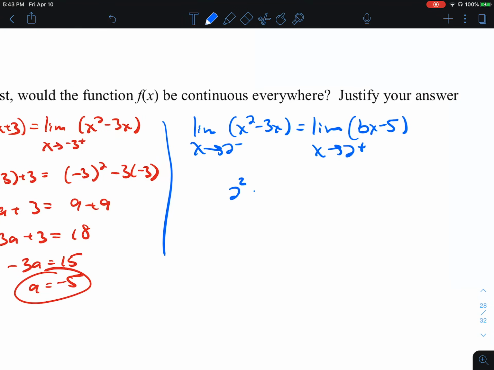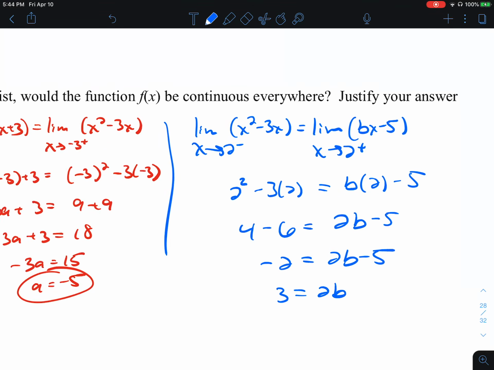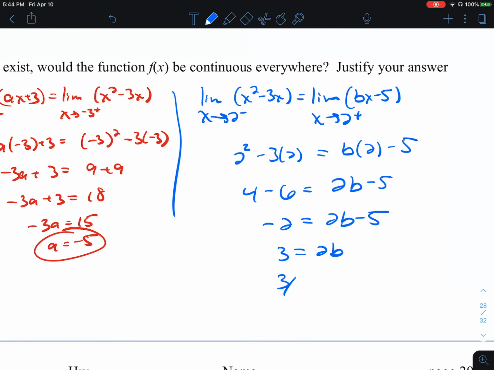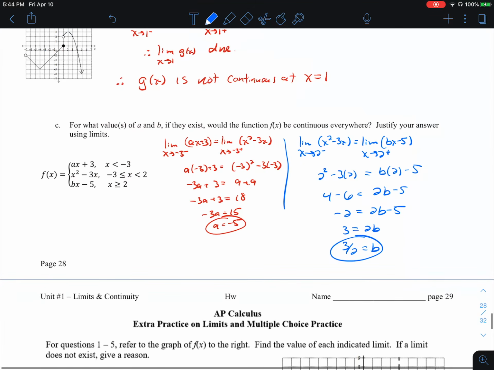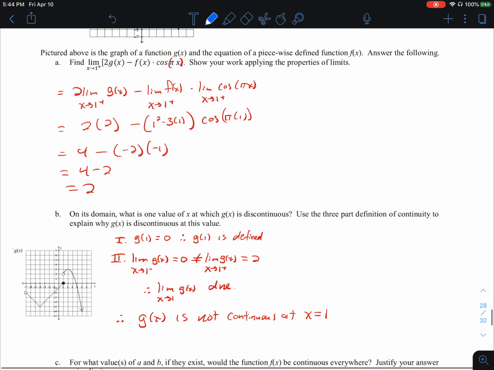We're going to have 2 squared minus 3 times 2 equals b times 2 minus 5. That's 4 minus 6 equals 2b minus 5. That's -2 is 2b minus 5. So that's going to be 3 is 2b, so b is 3 over 2. Cool. That's it for the free response practice.